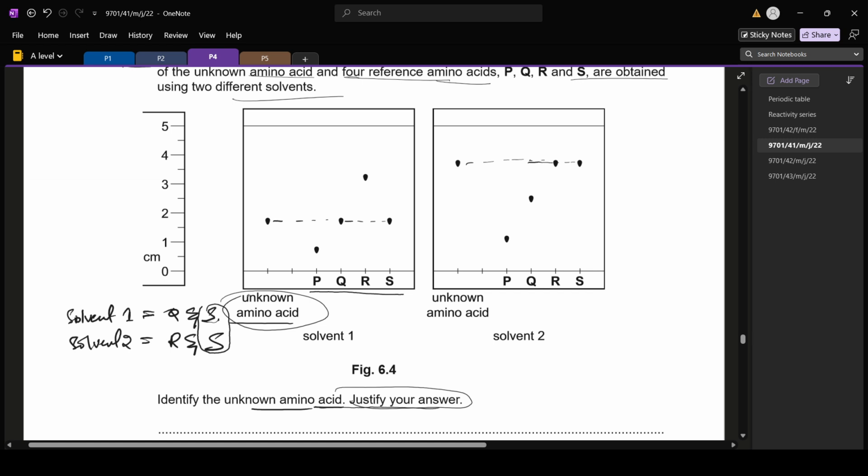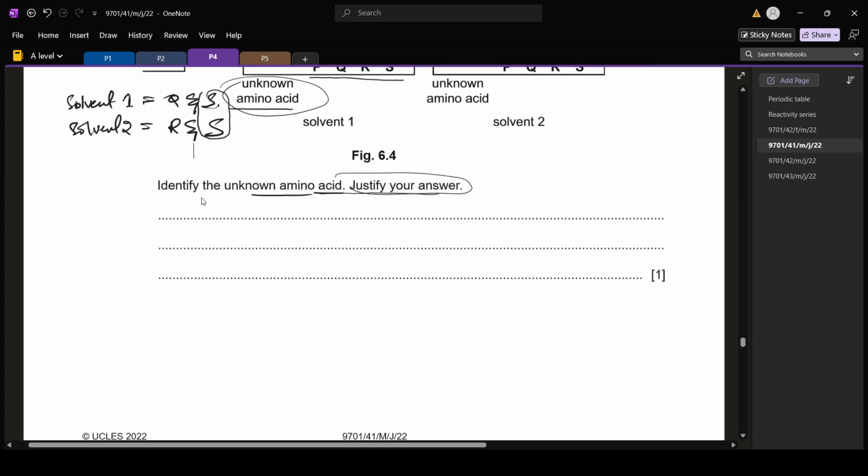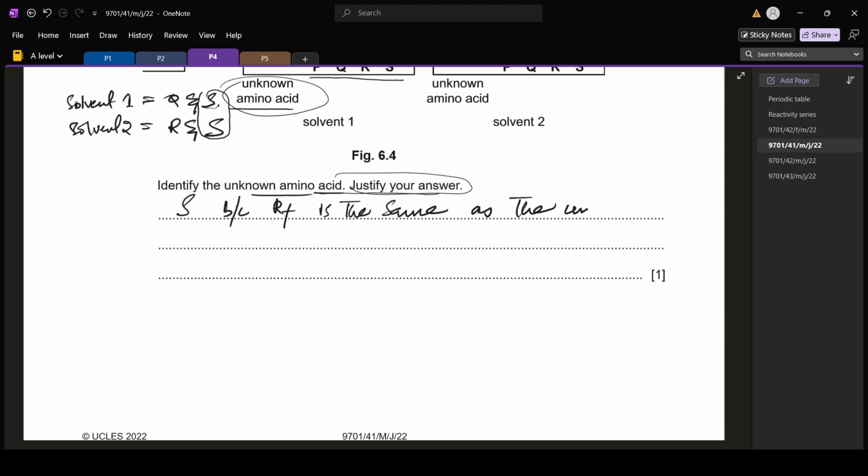I hope I could clarify. So identify the amino acid: this is S, because the Rf value is the same as the unknown amino acid in both solvents.